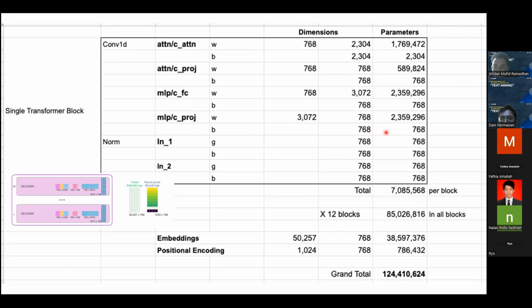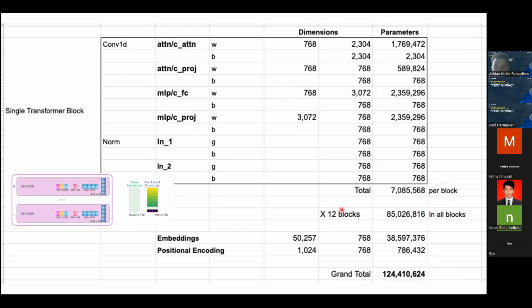Approximately, when we sum up these parameters for each block, we end up with approximately 7 million parameters for each block. Since there are 12 blocks in total, that results in around 85 million parameters.